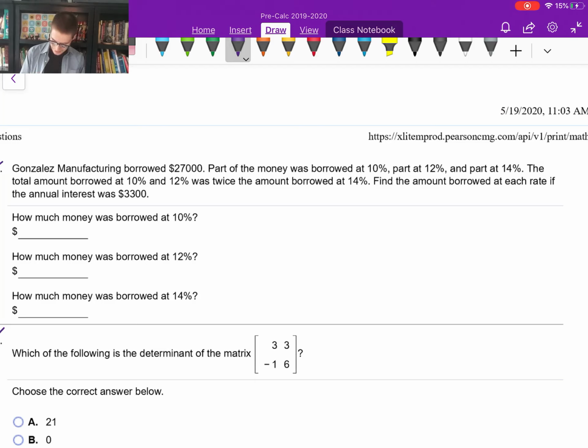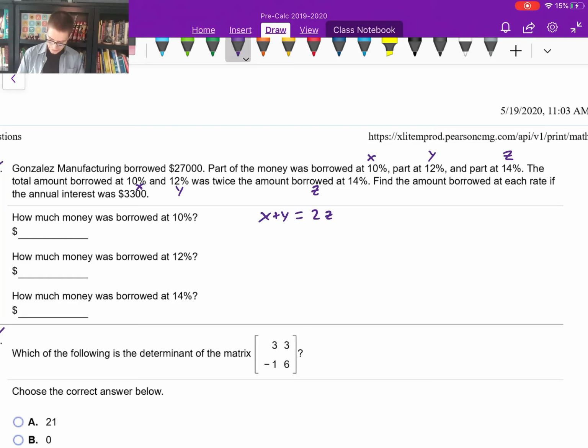Let's say the amount at 10% is x, the amount at 12% is y, and the amount at 14% is z. What it's saying is that the total of x and y is 2 times the amount of z. So x plus y is 2 times z. So that's our first equation right there.